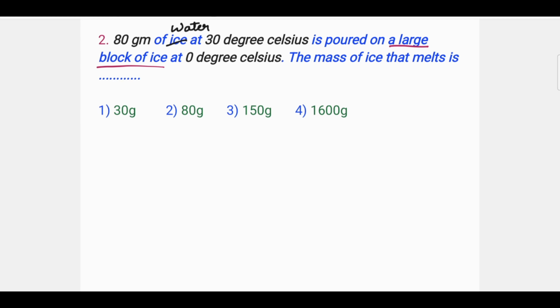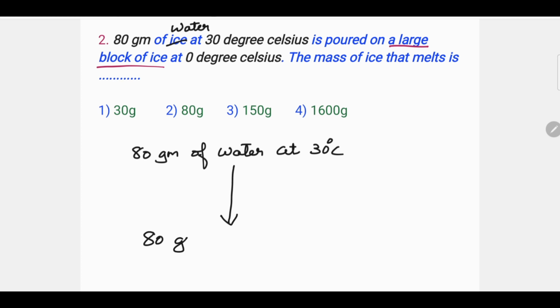In this type of questions, you have to think like this. Here it is 80 gram of water at 30 degrees Celsius. Now, when it becomes 80 gram of water at 0 degrees Celsius, you have to think: how much heat is released?